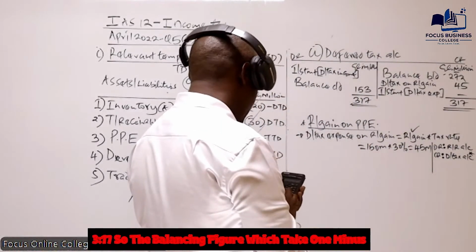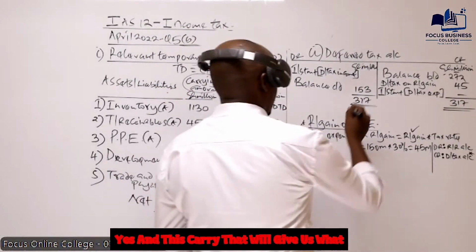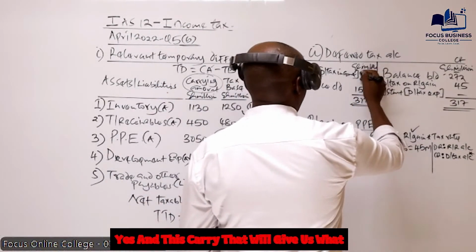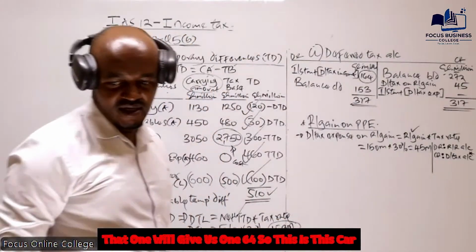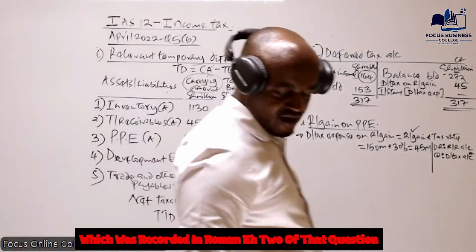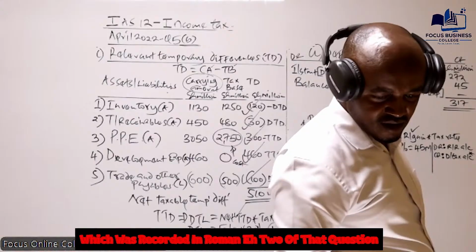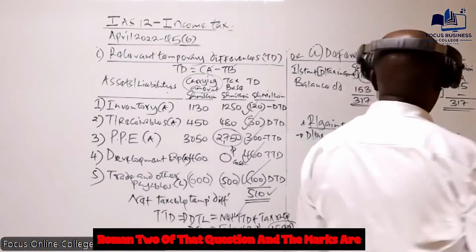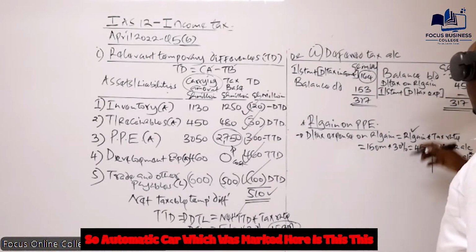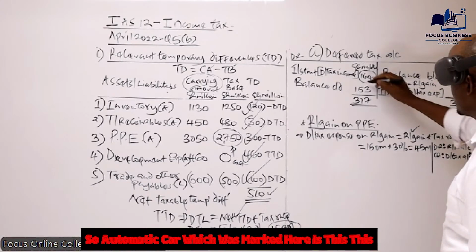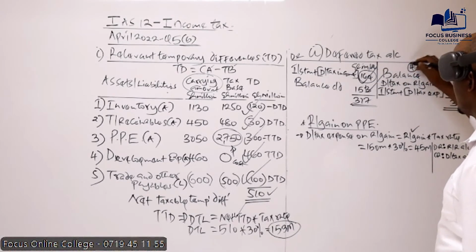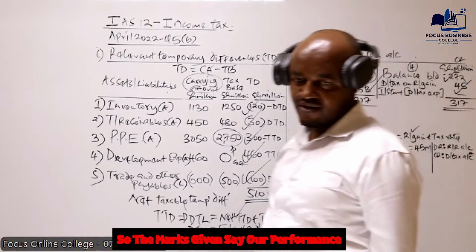So the balancing figure, taking 317 minus, will give us 164. This is basically what is required in Roman 2 of that question, and the marks allocated there were 4 marks.